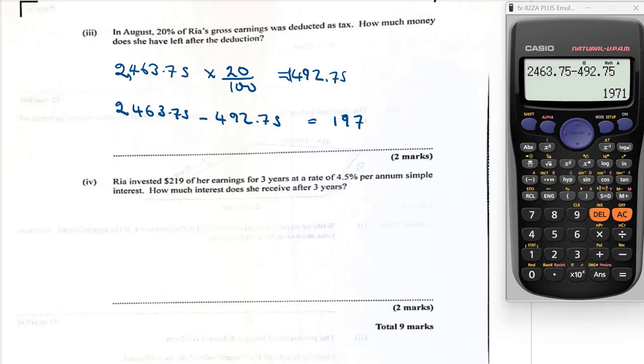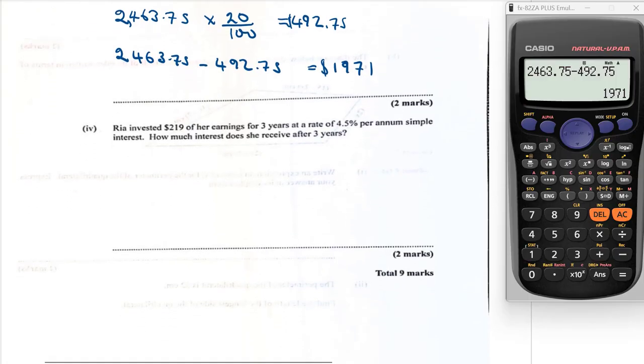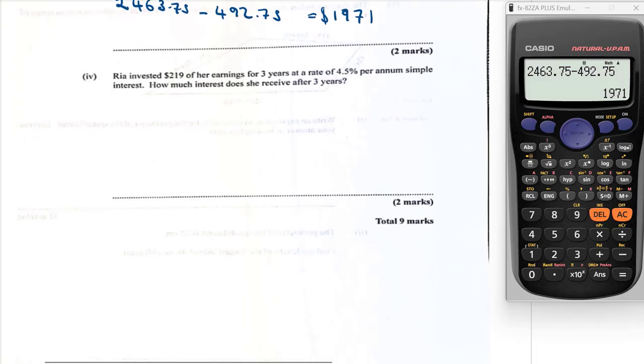That's going to give me $1,971. So after the 20% deduction, she is taking home $1,971. Let's move to the next question.